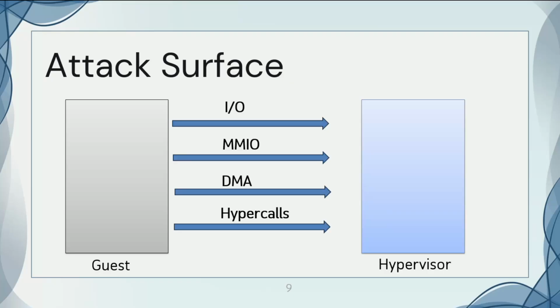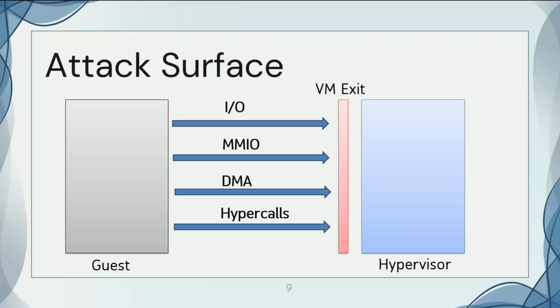this causes a so-called VM exit, and this means that control leaves the guest operating system and jumps into the hypervisor. Now the hypervisor needs to emulate that operation. It has to decode the instruction, interpret the parameters and simulate the hardware behavior.